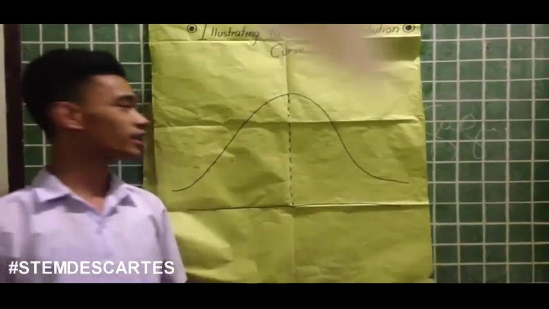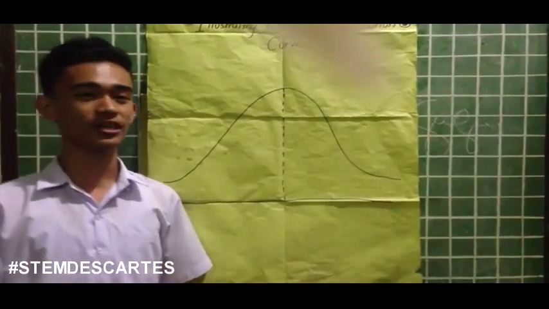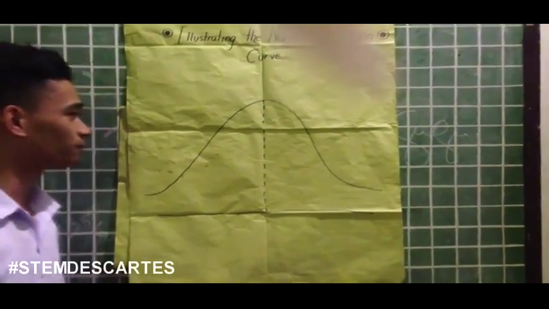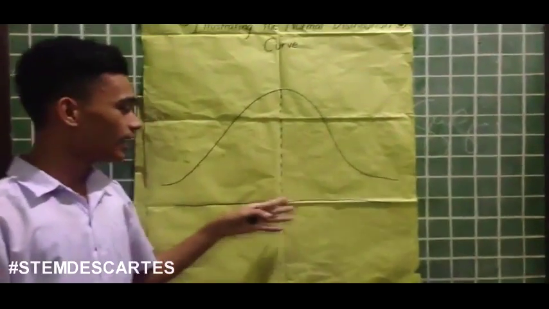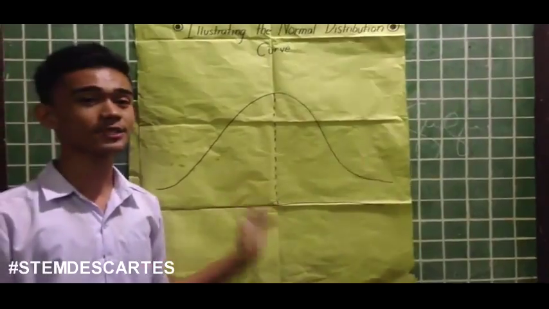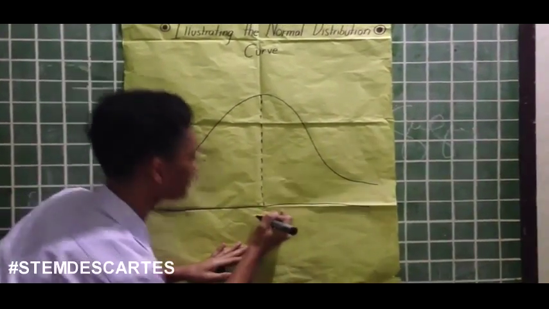Property number 3. The mean, the median, and the mode coincide at the center. So below the broken line, let's put the symbol of the mean. The symbol of the mean is mu.